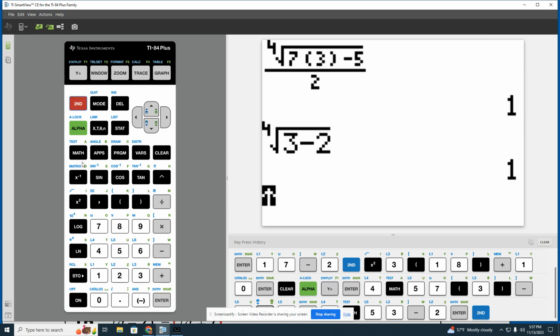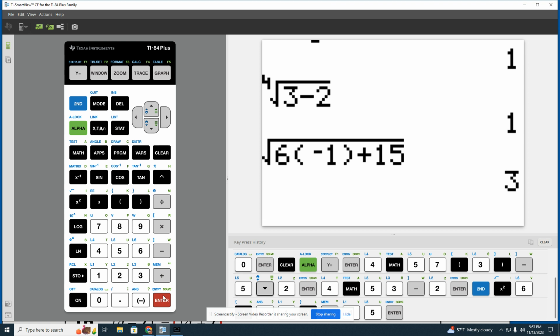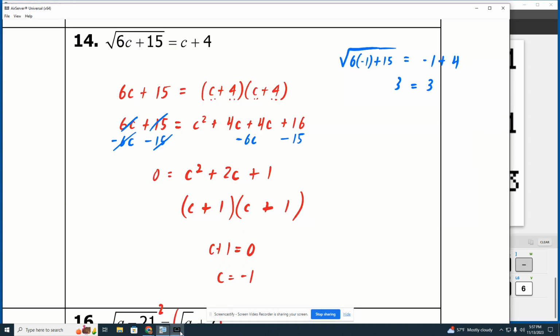We got the square root of 6 times negative 1 plus 15. And it equals 3. So just like the right side, the left side equals 3. So 3 equals 3. It works. Therefore, this is my solution. And there you have it.